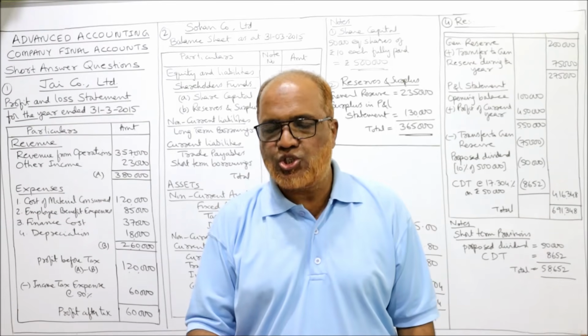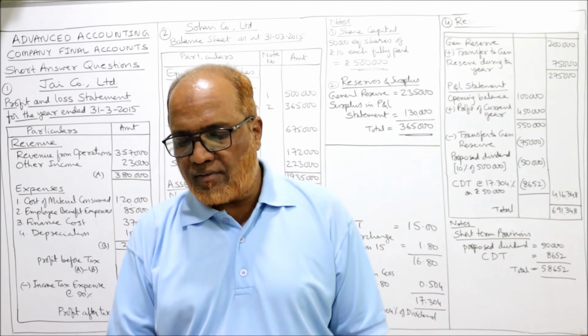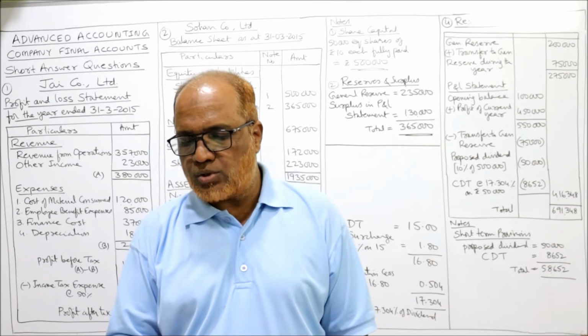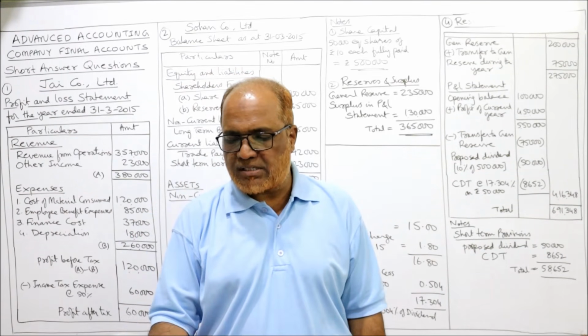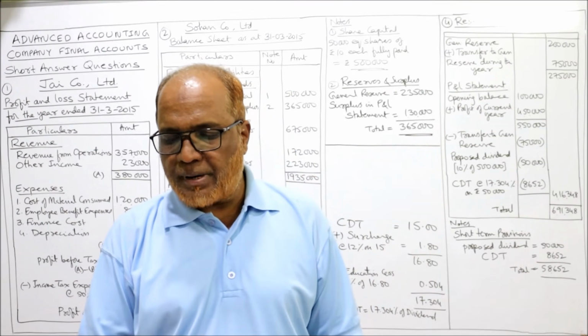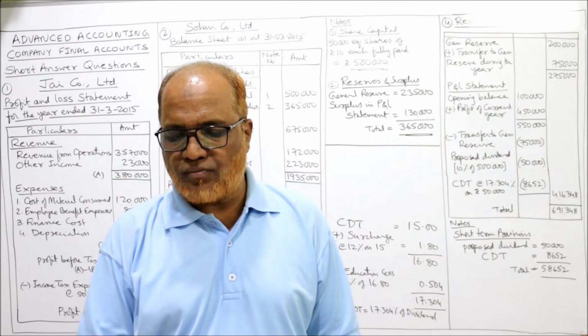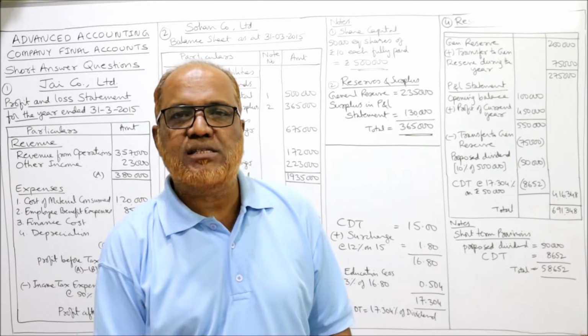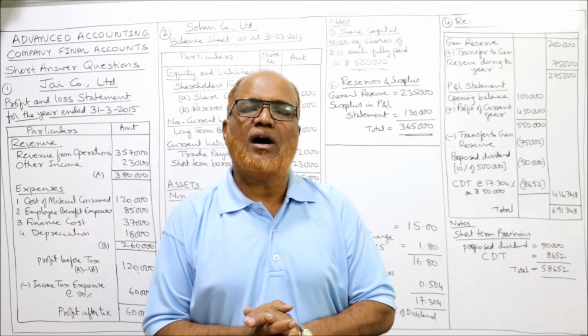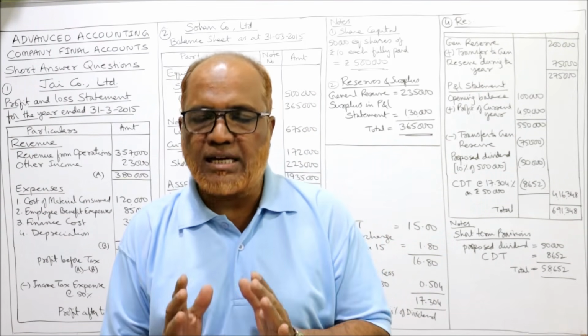Cost of material consumed 1,20,000, revenue from operations 3,57,000, other income 23,000, employee benefit expenses 85,000, finance cost 37,000, depreciation 18,000. Provision for taxation 50% of taxable income. This is the complete problem. Now we are required to make the profit and loss statement.